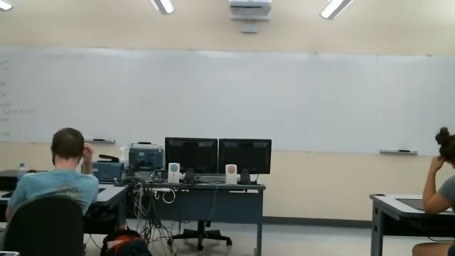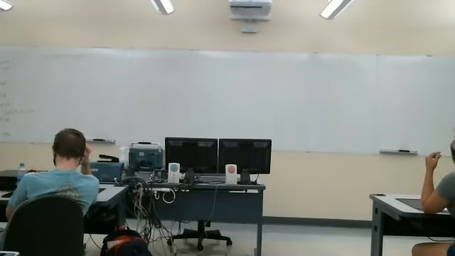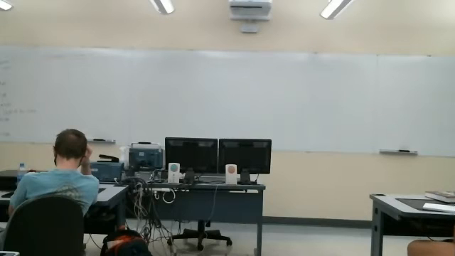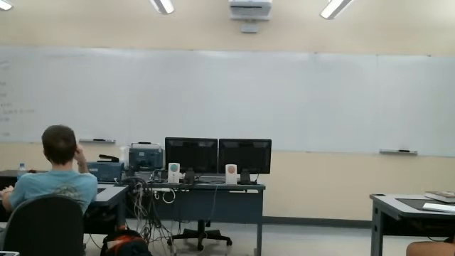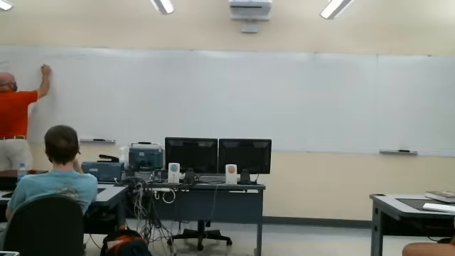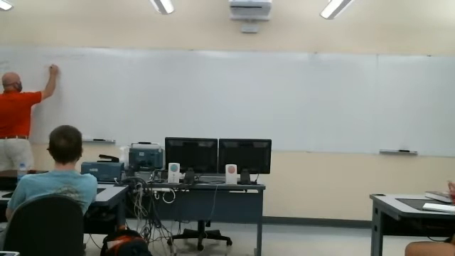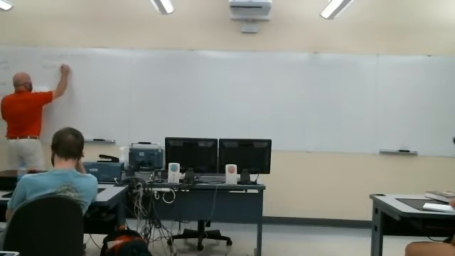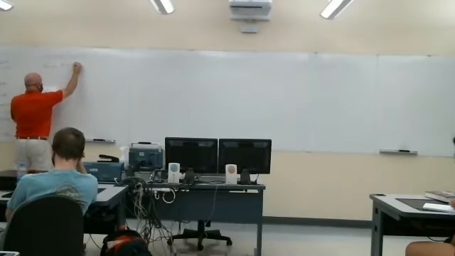Okay. y of t is a function, it's the integral of the product of these two functions. x is a function of tau, if we look at the first integral. And then what's going on here with h with respect to tau, it's time reversed with respect to tau, and then shifted to the location t. And y of t then is a function of that time shift in h of t. So I think the best way to illustrate what's going on is we'll work through a couple of examples today.